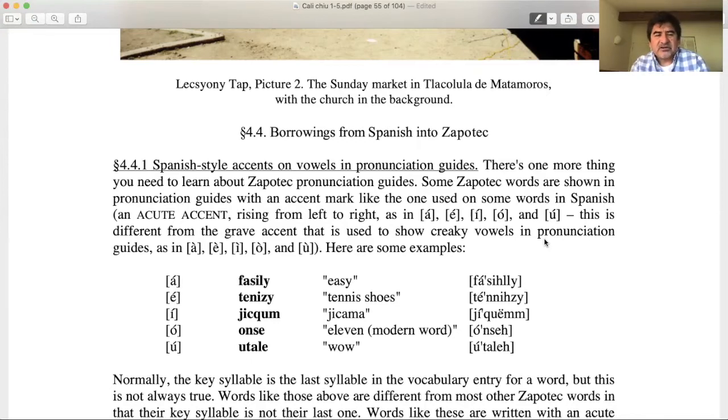And sometimes it's really hard to recognize these Spanish words borrowed into Zapotec, because some of them have been borrowed for hundreds of years, right? From the very first time there was contact. So even for me, sometimes it's really hard to see that it's a Spanish borrowed word.